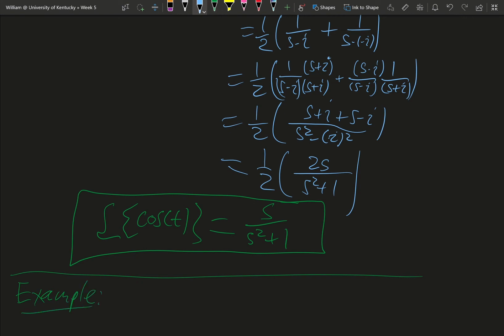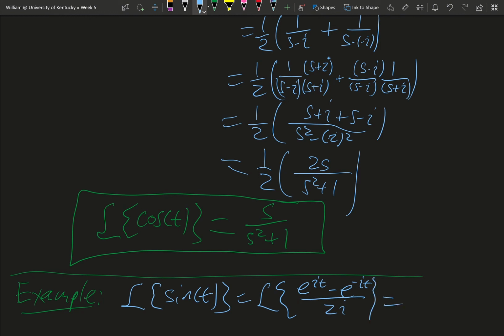But we can get that the Laplace transform of sine of t is, using that same formula, e to the it minus e to the negative it divided by 2i. But at the end of the day, you will end up with 1 over s squared plus 1.